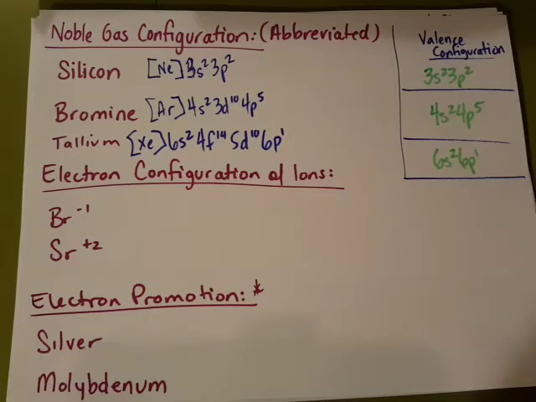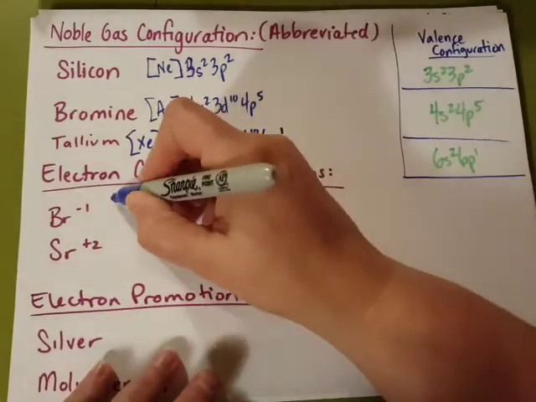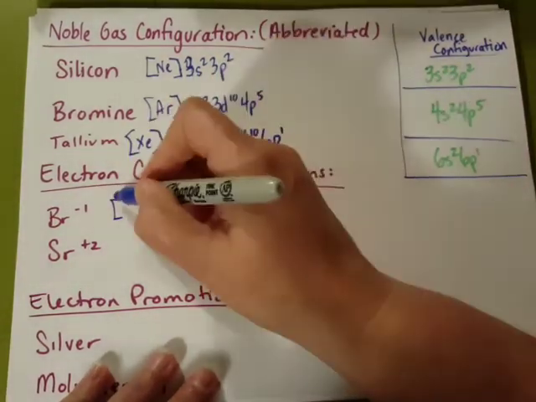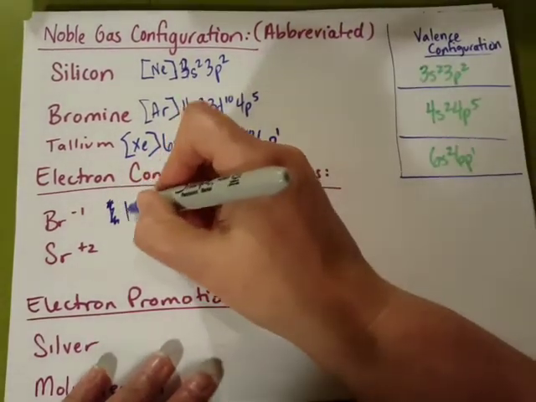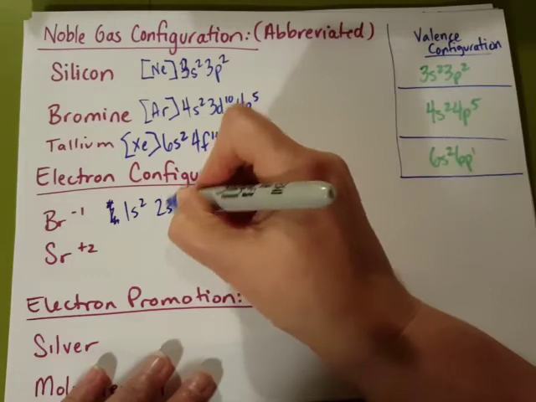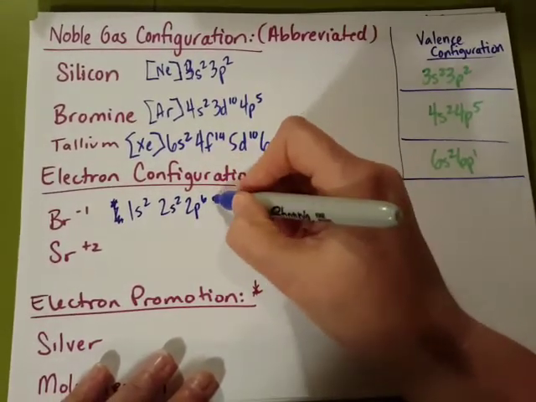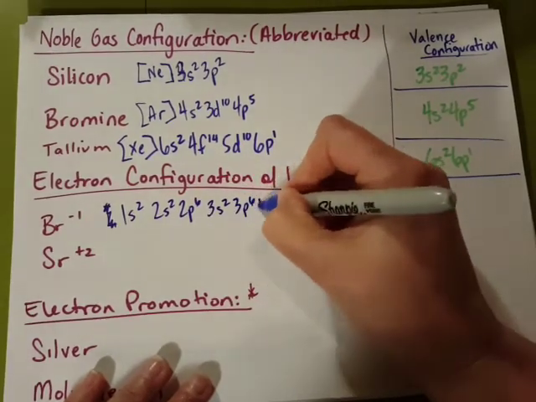So electron configuration for ions, I'm just going to abbreviate it. No, I will not. I will do the full configuration. So again, follow along on your Aufbau principle if you need to.